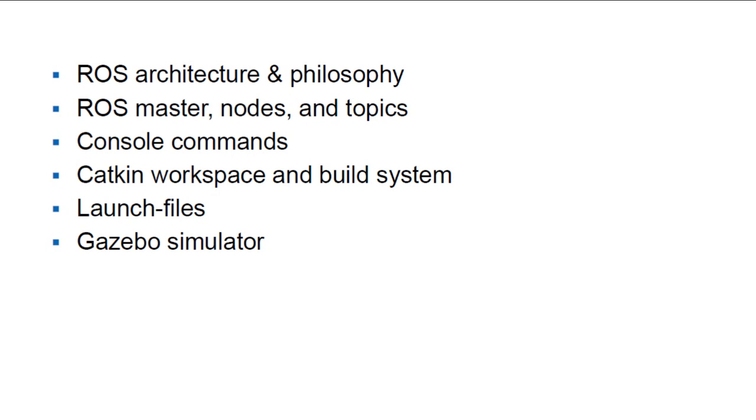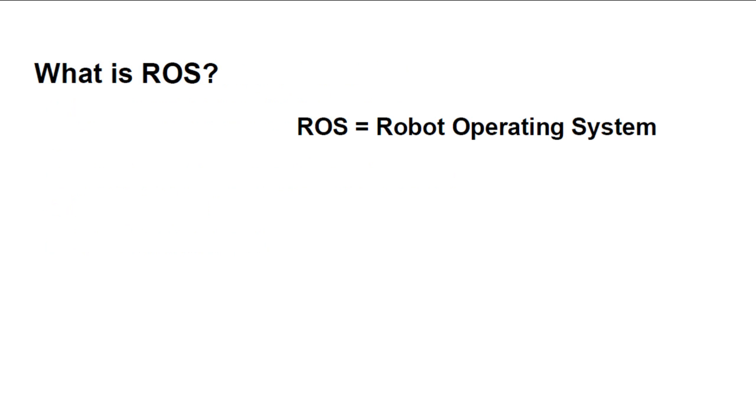Okay, what is the Robot Operating System? First question. The Robot Operating System is a framework for building robot applications. It allows developers to assemble a complex system by connecting existing solutions for small problems.